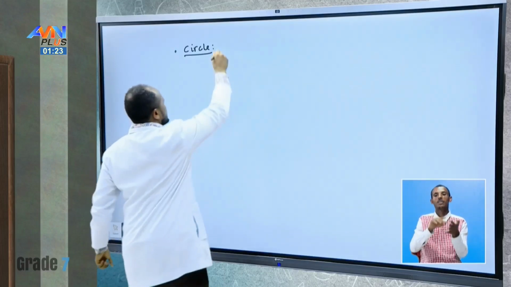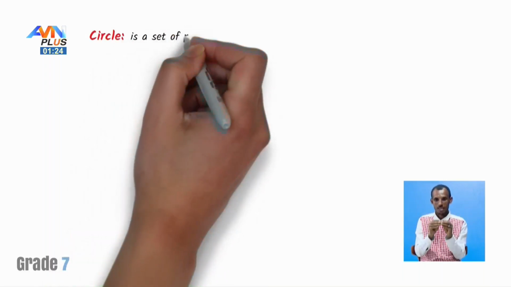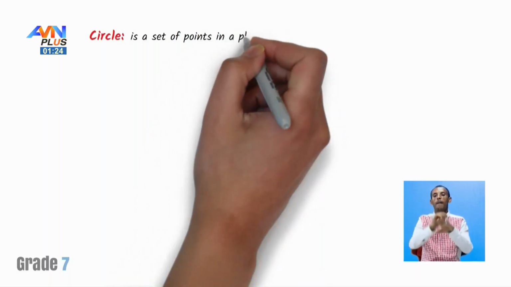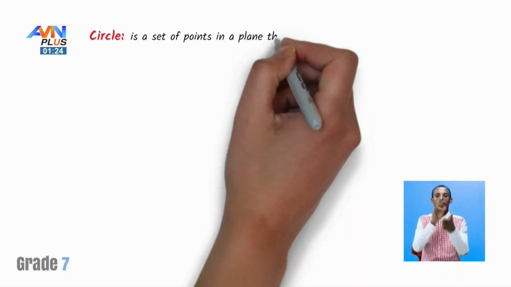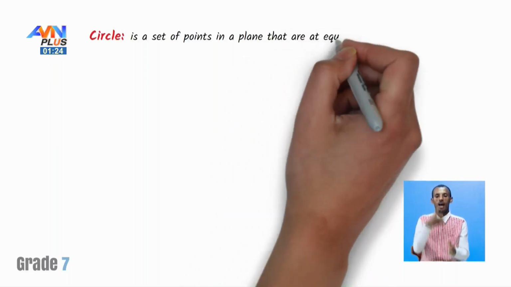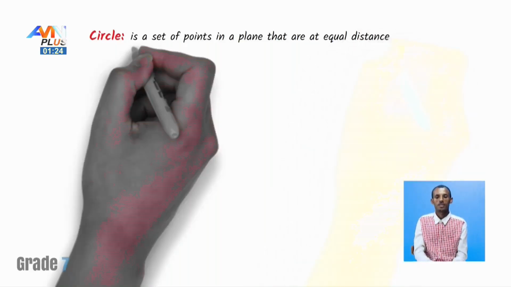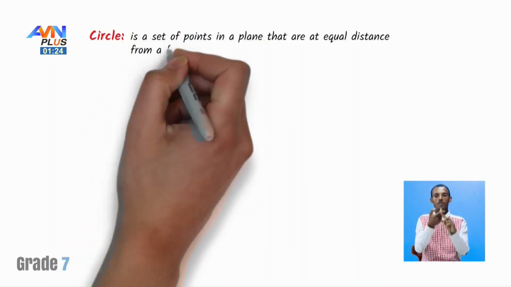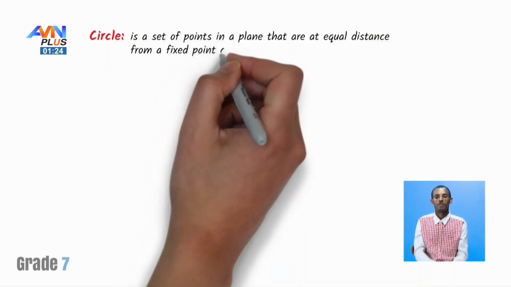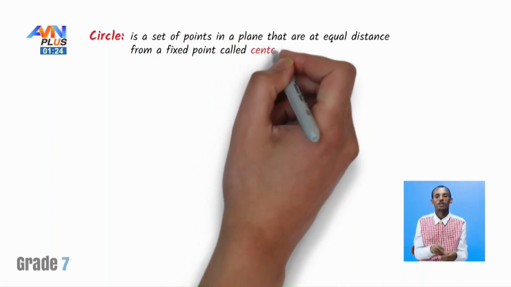So here, circle is a set of points in a plane that are at equal distance from a fixed point called center of a circle.